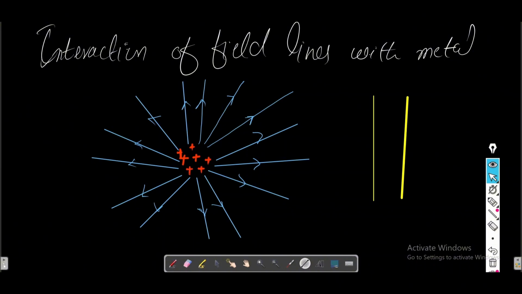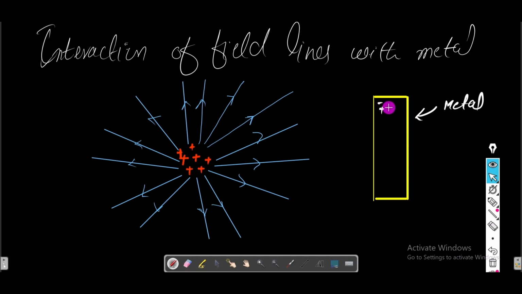I am trying to draw that. This is a metal. So this metal is made up of a large number of atoms, and inside an atom there are electrons and protons, meaning the negative charges and the positive charges.